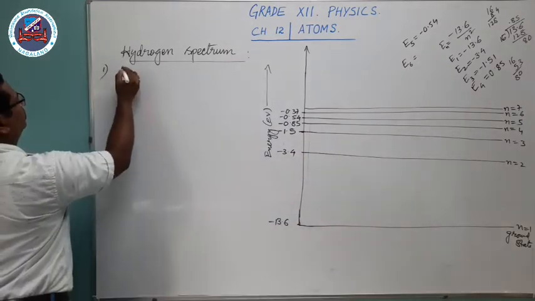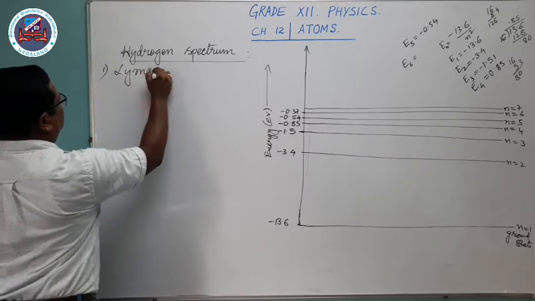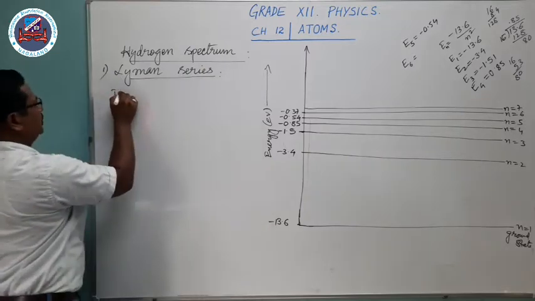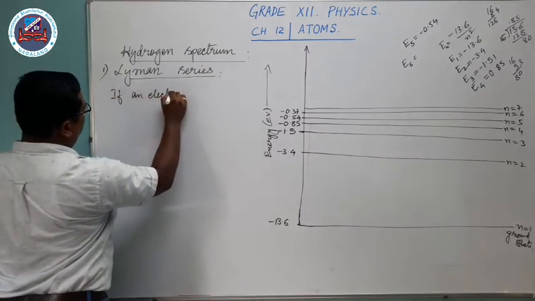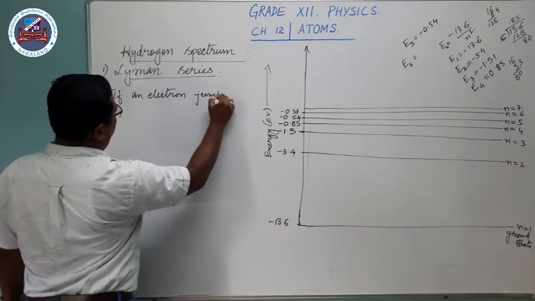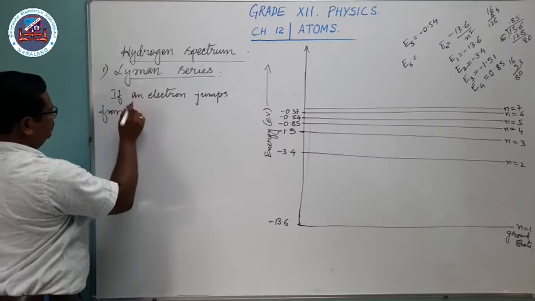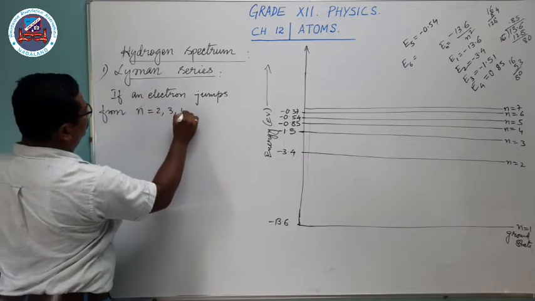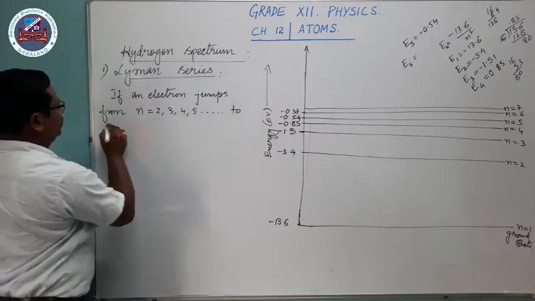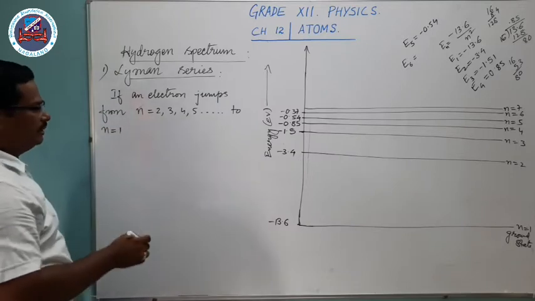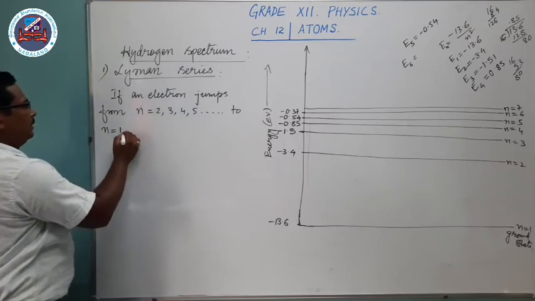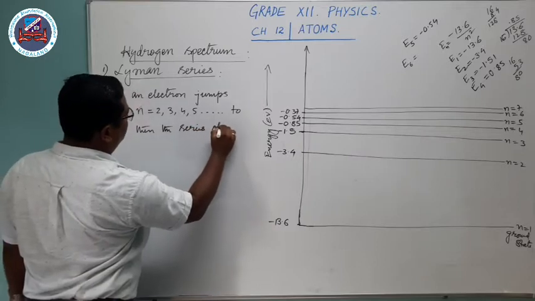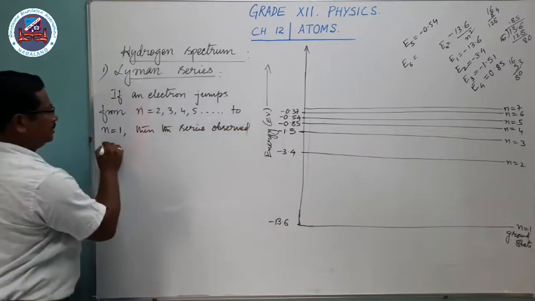The first series is your Lyman series. In the Lyman series, if an electron jumps from n equal to 2, 3, 4, 5 and so on to n equal to 1, then the series observed is called the Lyman series.